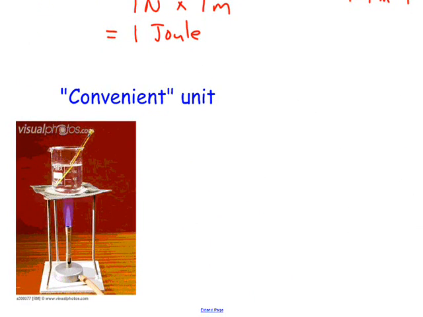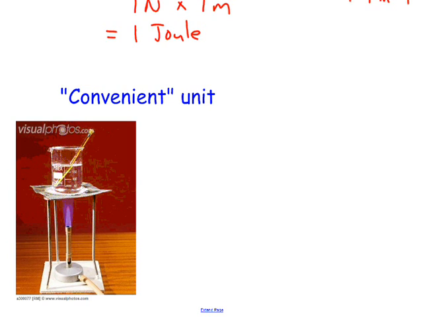The other unit that we'll be using, so the joule is 1 unit. The other unit that we'll be using is a kind of convenient unit. Oftentimes they would use water and compare the energy change in water to different chemical and biological reactions and processes.